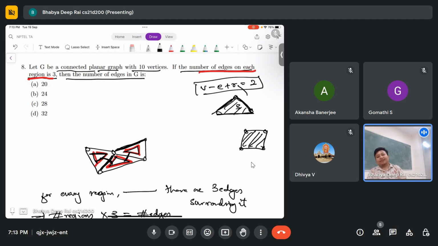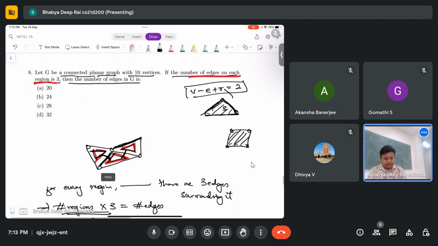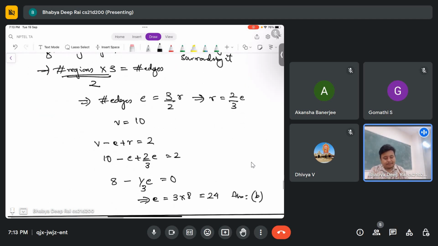So to remove that overcounting, I'm dividing it by 2. Then we got this, and simply put it in V minus E plus R equals 2. I hope it is clear.